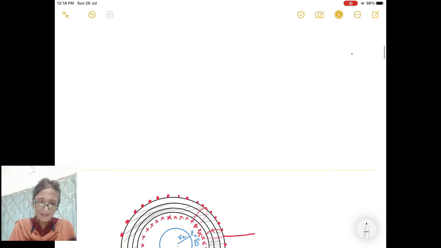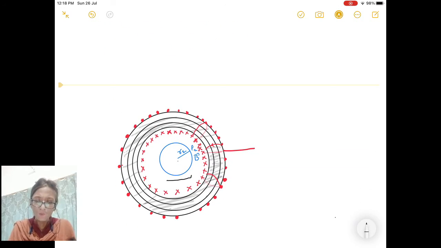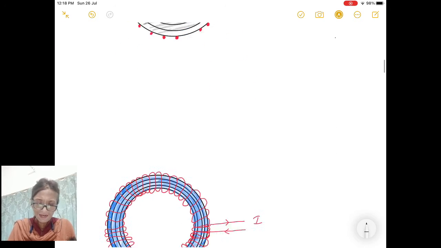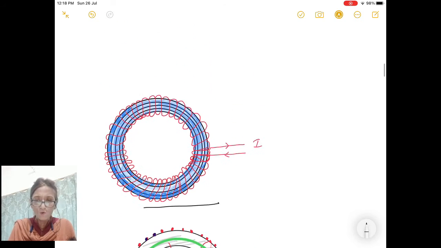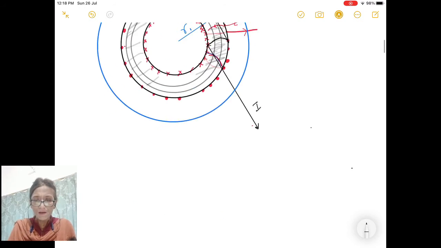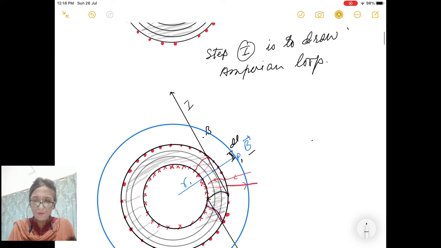Now the second kind of Amperian loop can be taken totally inside the vacant space of the toroid. And the third kind of Amperian loop can be taken inside the toroid. So one by one we will be discussing the magnetic field using Ampere's circuital law.